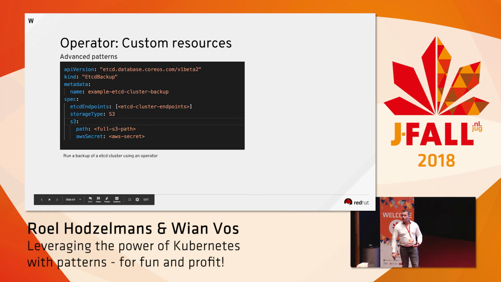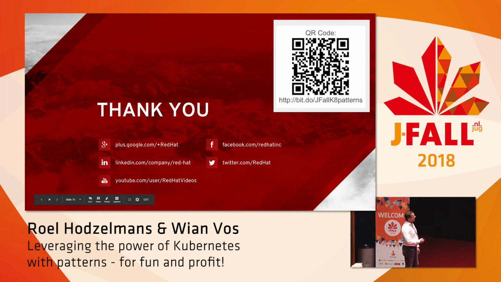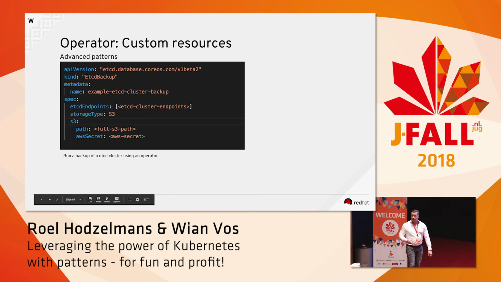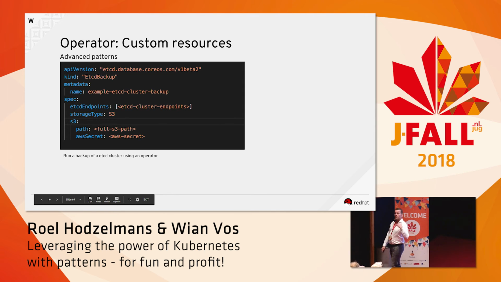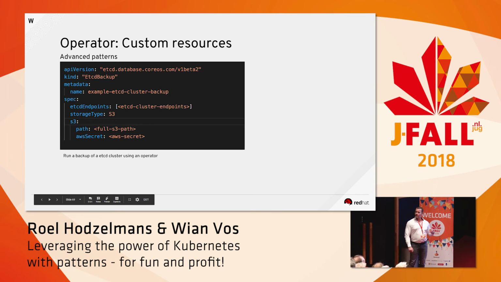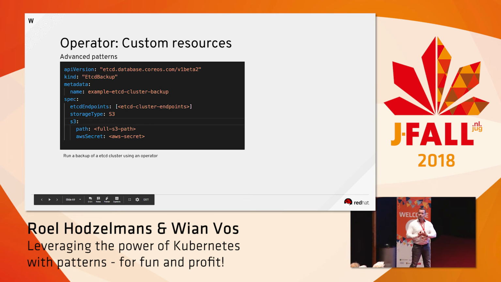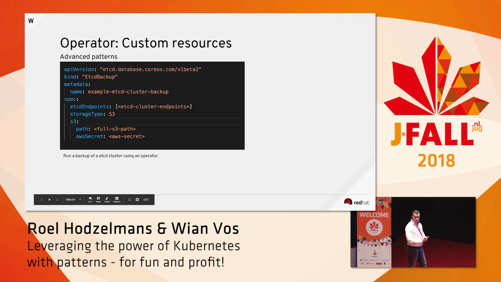And then all of a sudden, it's becoming pretty powerful. Because right now, every time you want to do a backup, you have to run one of these. But in future versions of Kubernetes, this can be scheduled. So all of a sudden, Kubernetes can take care of all kinds of repeatable jobs for you.